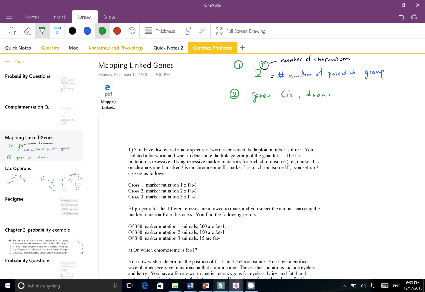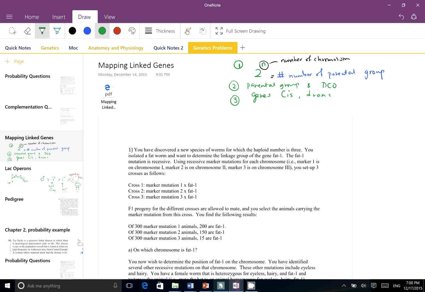Actually, I'll make this step 3. Step 2 is figure out your parental groups and your double crossovers. So separate those 2 groups. Where is my parental group? Where is my double crossover?